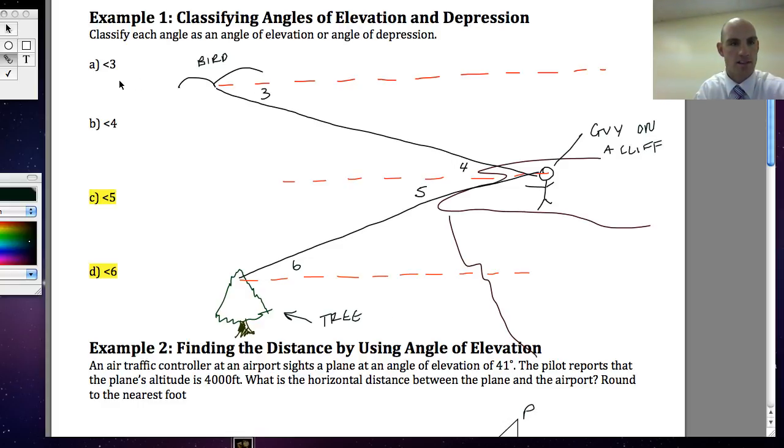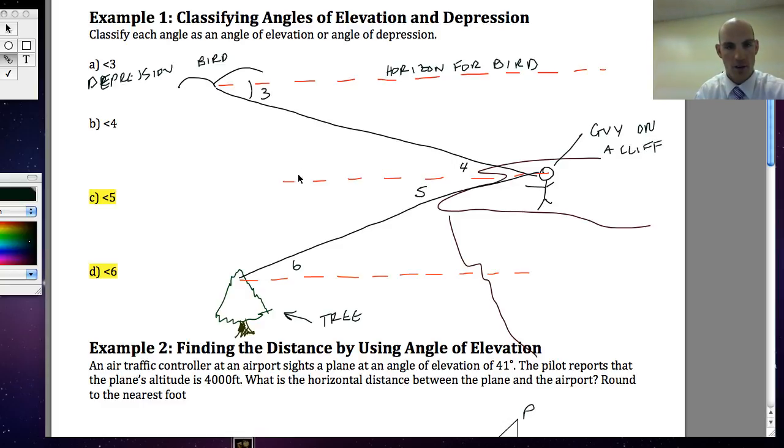When we classify angle 3, we are talking about angle 3 from the bird's perspective. This red line is the horizon line for a bird. Angle 3 would be an angle of depression because the bird would be looking down.